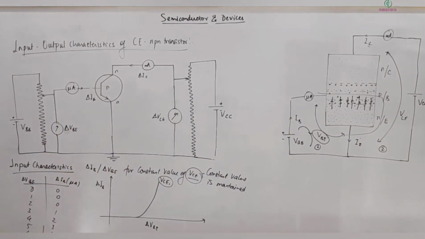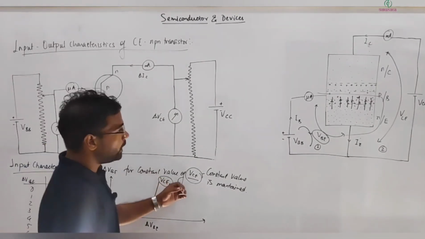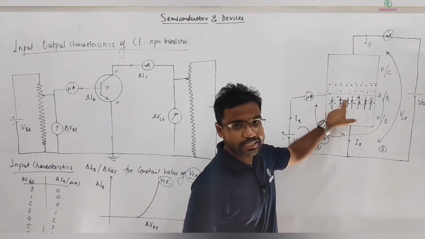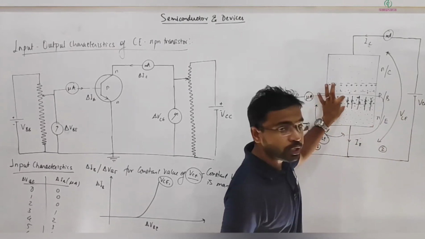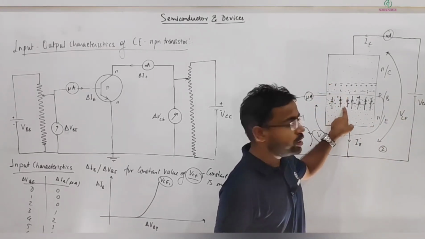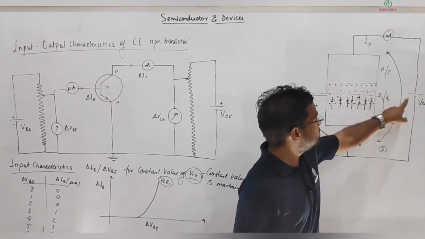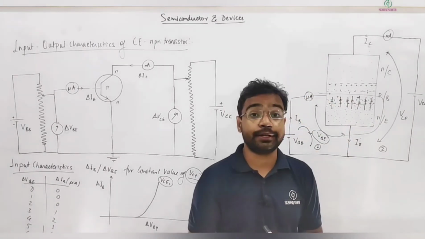Okay, so next, if I am increasing this value VCE, then try to understand, this is the barrier potential, and you can see this battery is sort of in support of this potential barrier. If I look at this terminal, this battery is trying to support this barrier, so it will increase the barrier further.